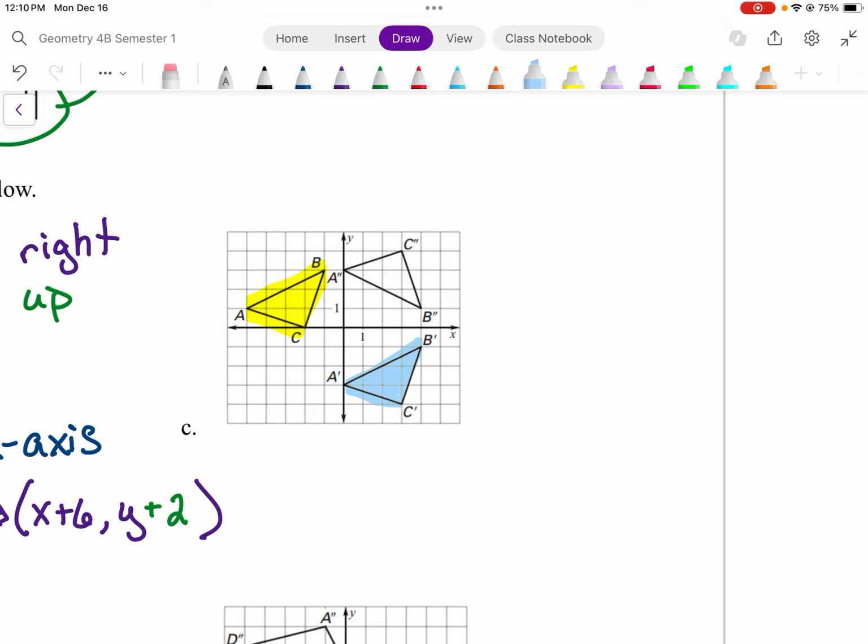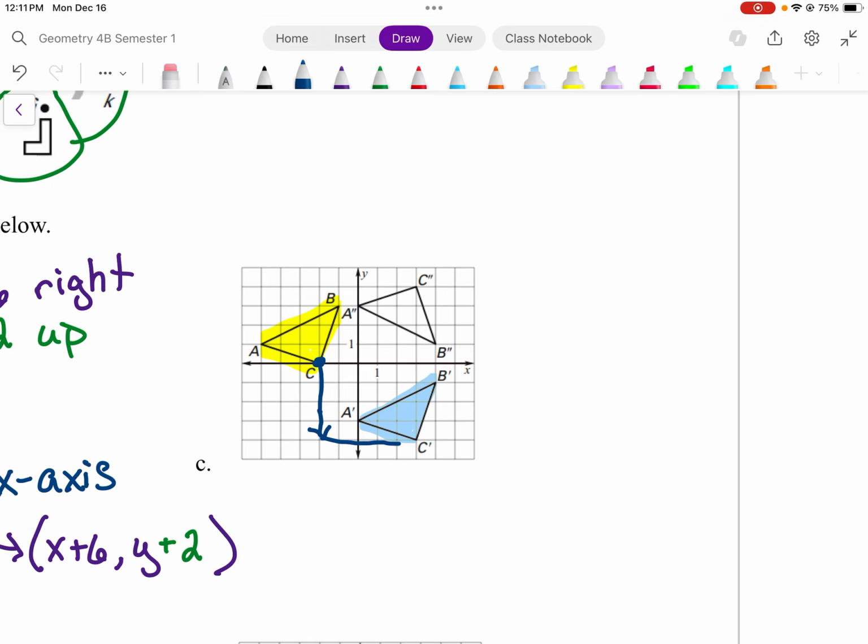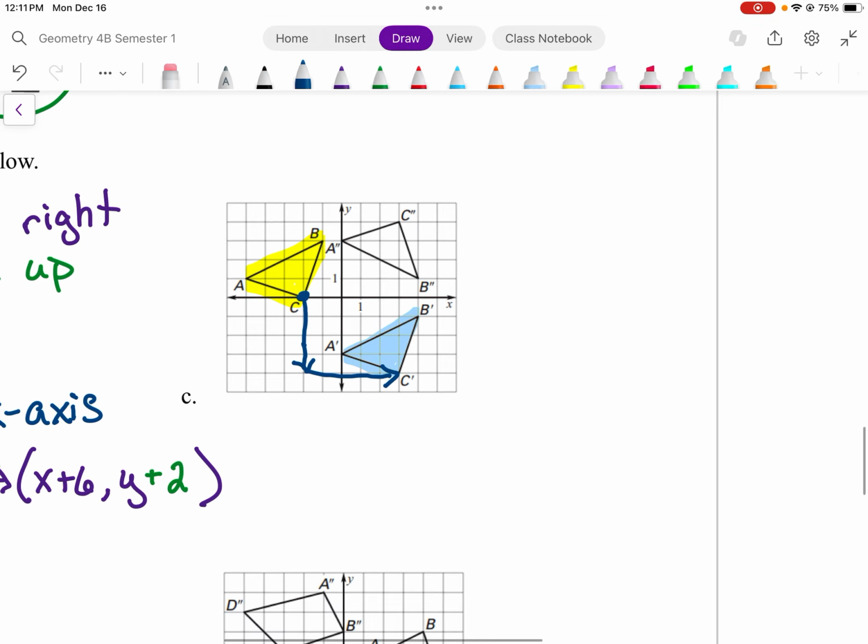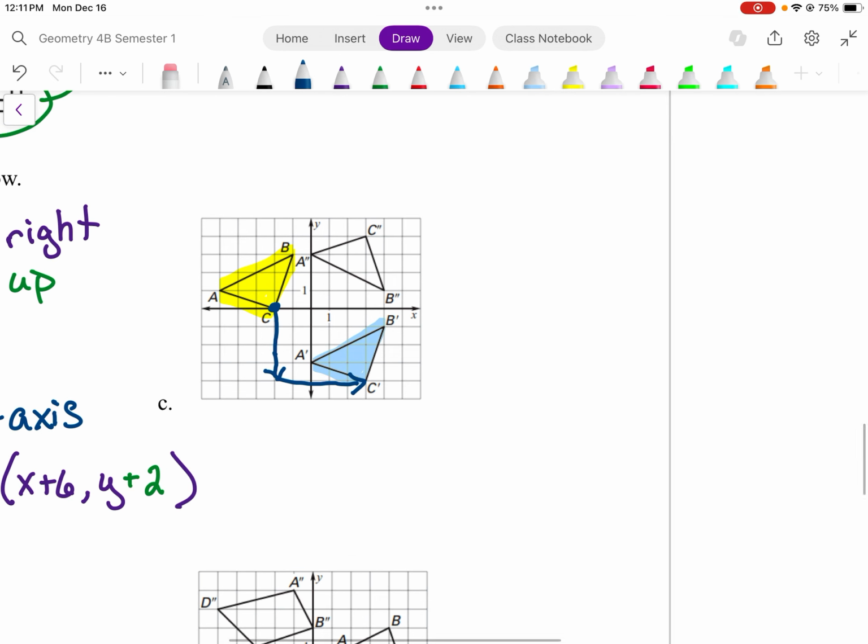So this one, the shape is not turning, but if we look at each of the points, A, C, and B, they're in the same order between these 2 shapes, where A is on the bottom left, C is on the bottom right, and then B is on top. So for this one, what we did is we took the shape and we moved it. So whenever you just take the shape and you move it up, down, left, or right, that is going to be a translation.